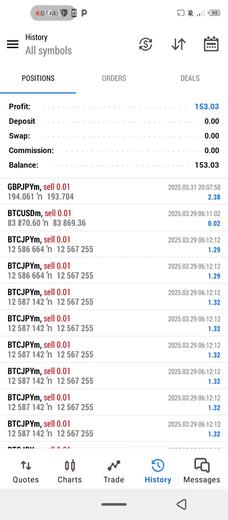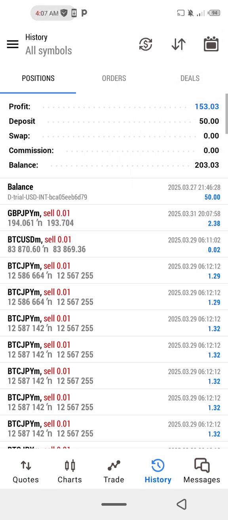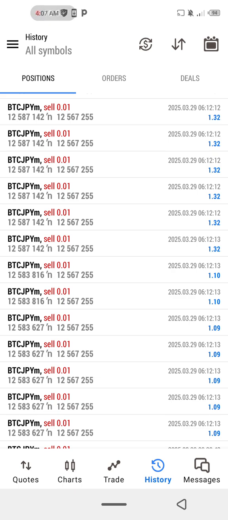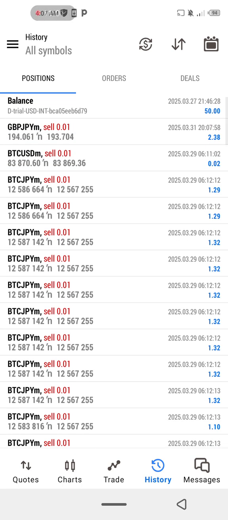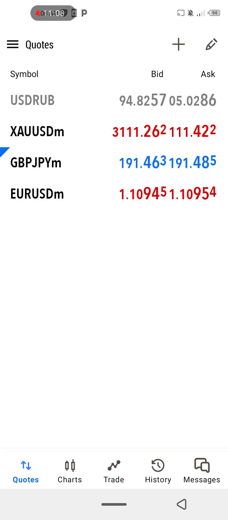This is a $50 account. If you can see, I started it with $50. Now I am $153 in profit. Just knowing the best way to trade it is one of the keys to being a successful trader.